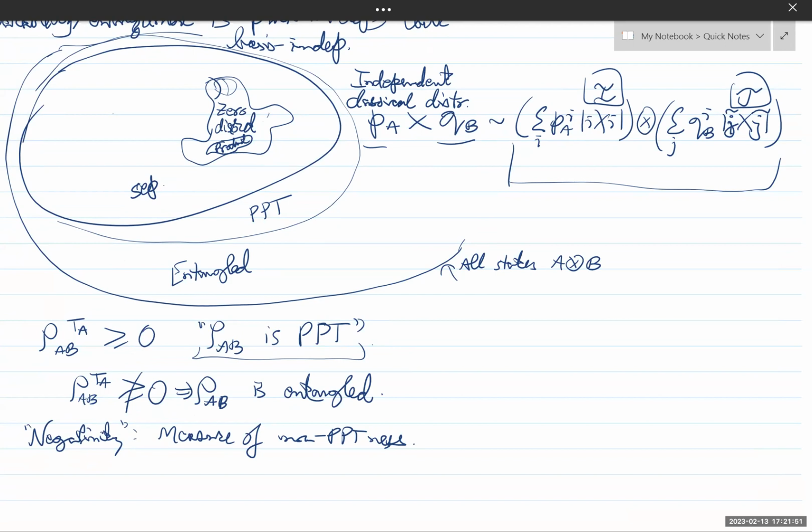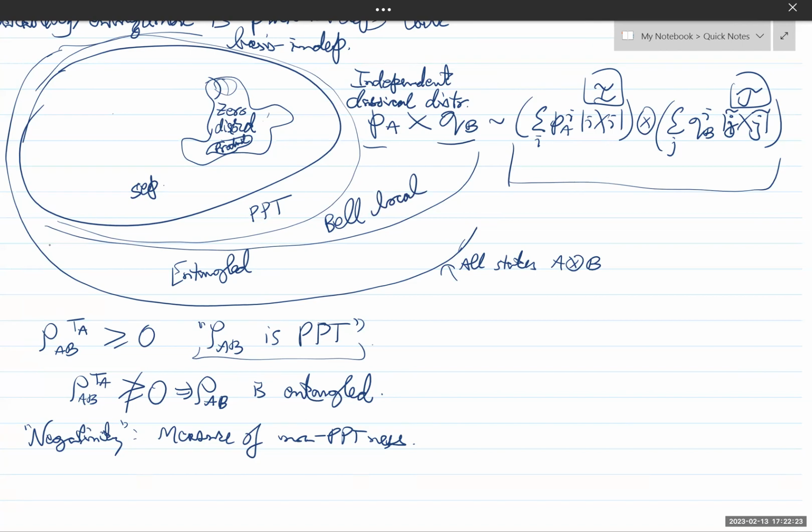I remember that. And then there's PPT, and there are states that are Bell non-local. And actually, I'm not informed about the convex structure of these things and so on. I don't know if it's probably not going to be a convex set, right? So not all entangled states are Bell non-local.